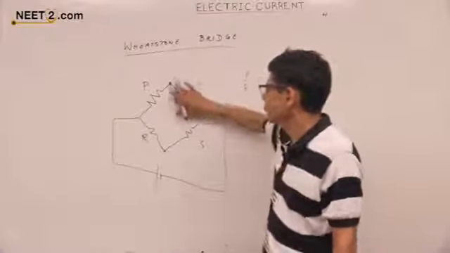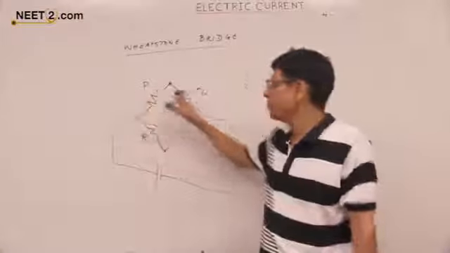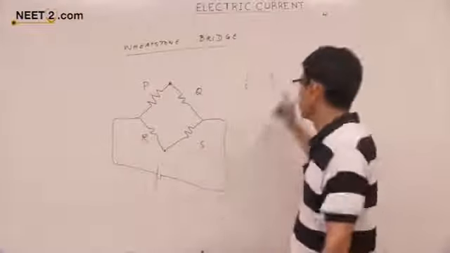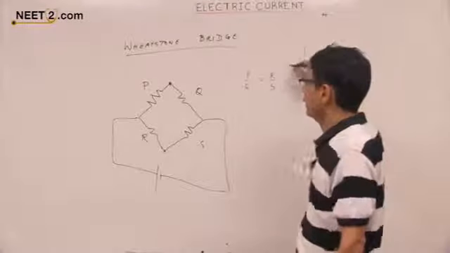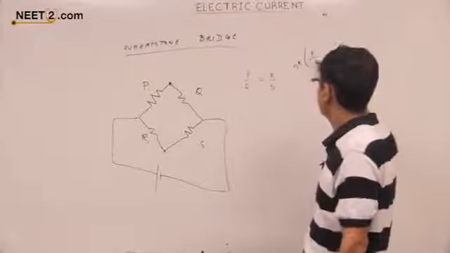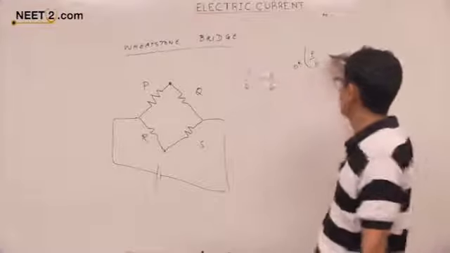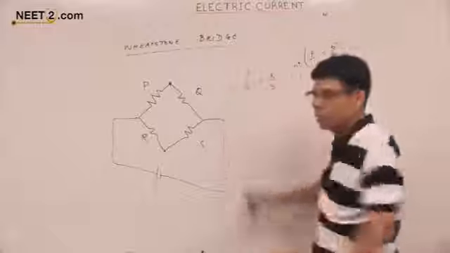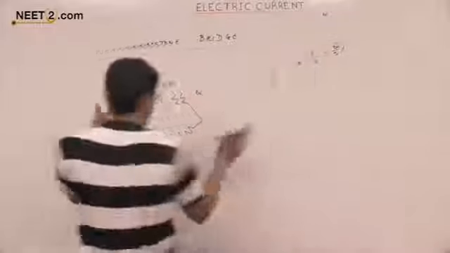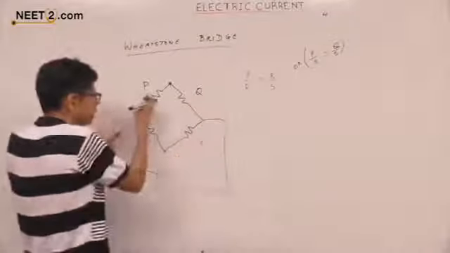Now in this, you don't have to worry about which by which, because this can also be written as P by R, bring this here and bring the Q there, Q by S. And you can flip these. So what it means is, you don't have to remember anything, just adjacent ones.